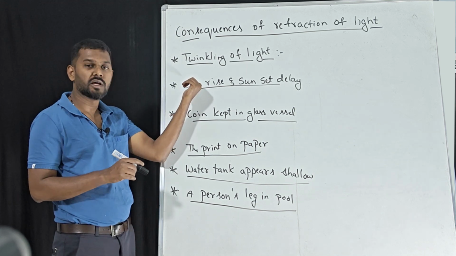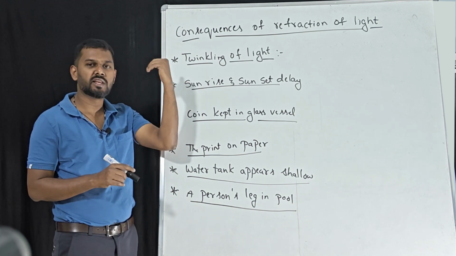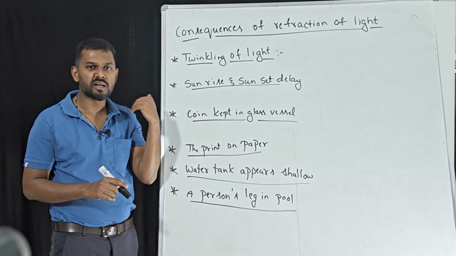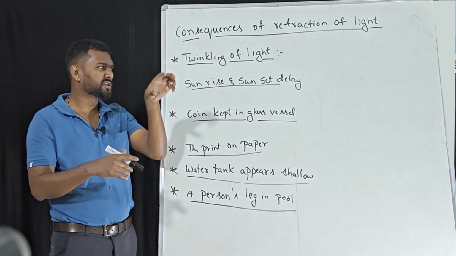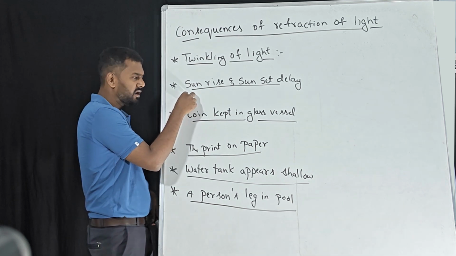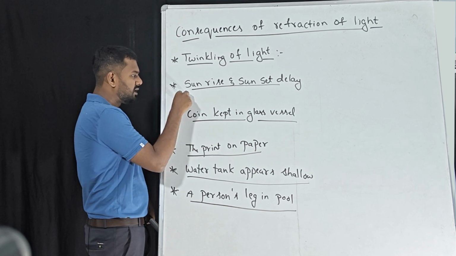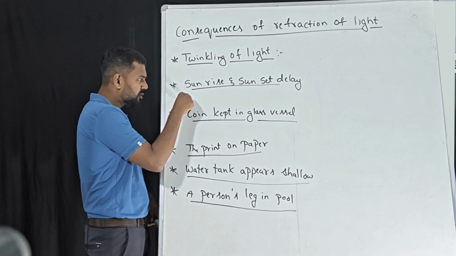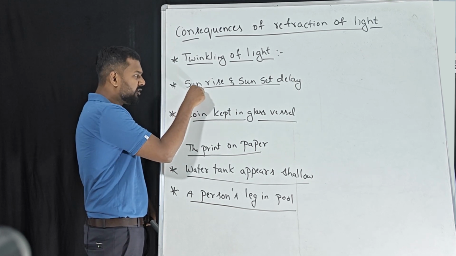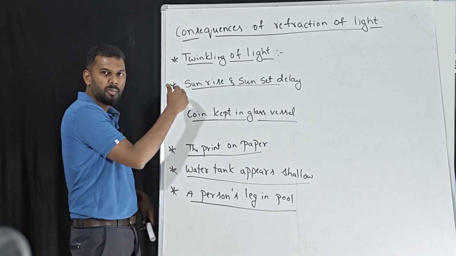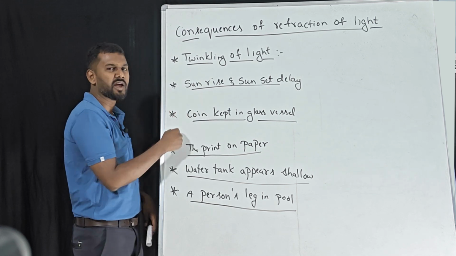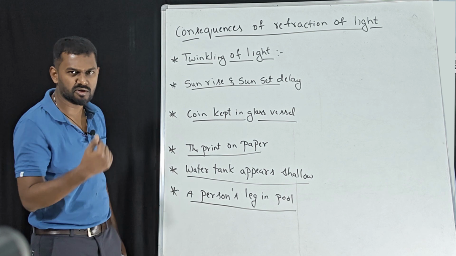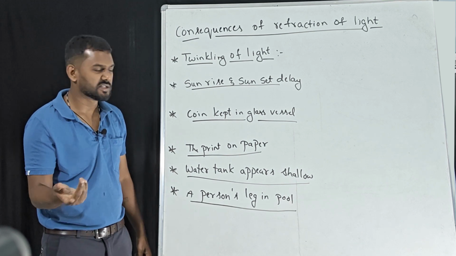Because of that, there will always be a delay in sunset and sunrise. During the sunrise, if you are seeing the position of the sun somewhere here, and this is earth, at this time the sun position will not be here, it will be somewhere raised up, but we will not see that because of the refraction of light. Whenever there is a refraction, we know speed changes, correct?